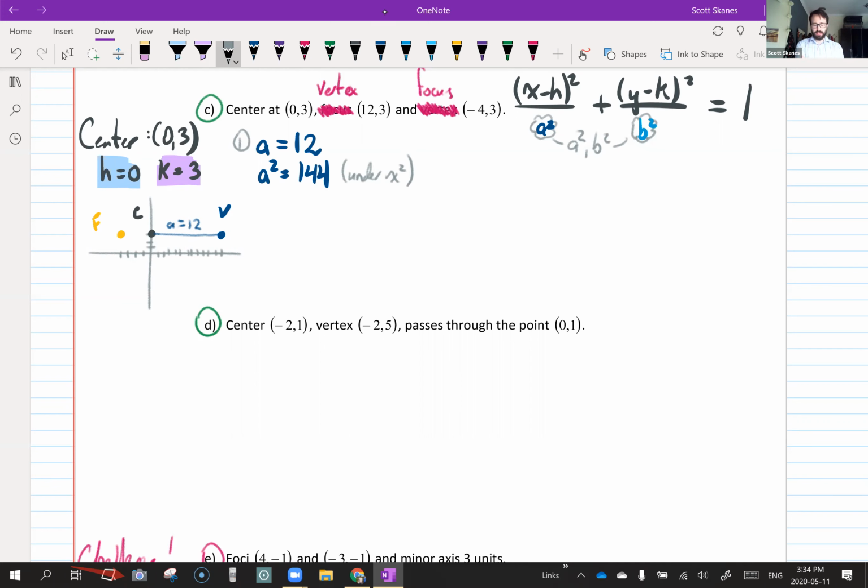B, focus plus A. Well, I don't add A to the focus. Focus actually has nothing to do with A. Focus has everything to do with C. And so Tarek, you're saying A squared minus C squared. Let me see if you're right. I know that I have a focus, and focus is related to this, A squared minus B squared. I need B squared.